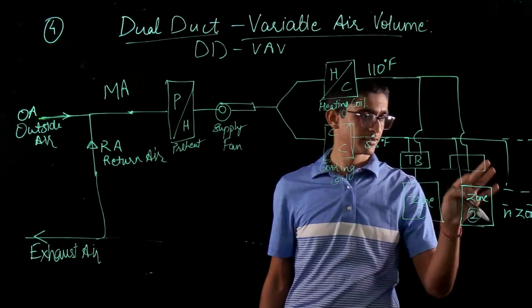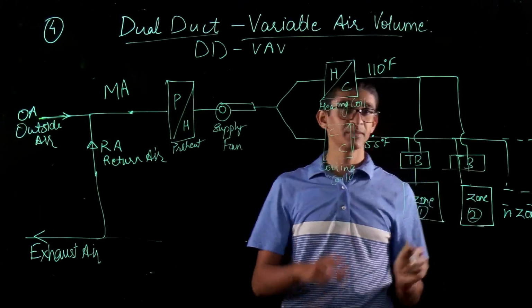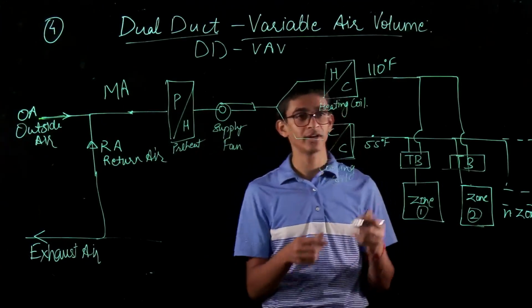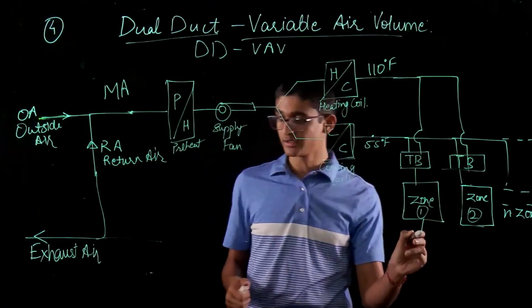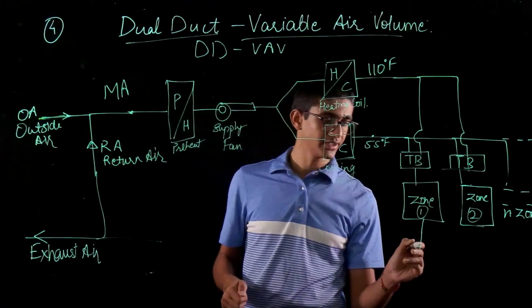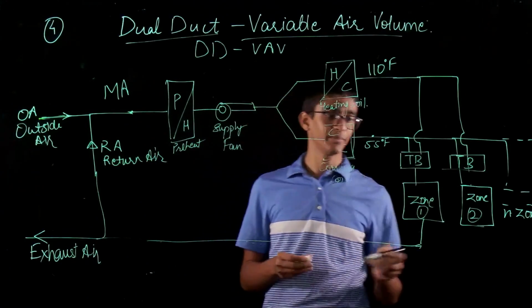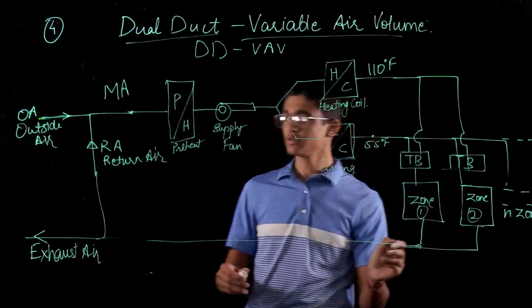In the terminal box, the amount of cold air and hot air to be used will be calculated based on some calculations and control system, and then the return air will be coming after going through some vents or exhaust dampers, and will be going to the return air.